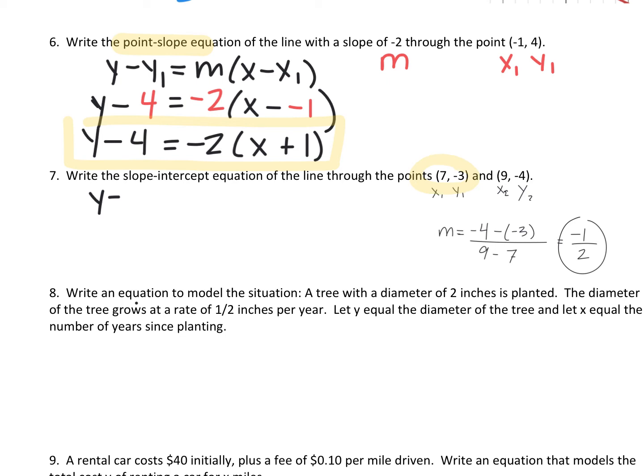So that's going to be my x1, y1. So y minus y1, so y minus negative 3, equals, my slope is negative 1/2.